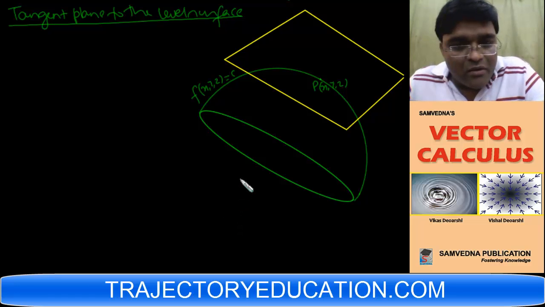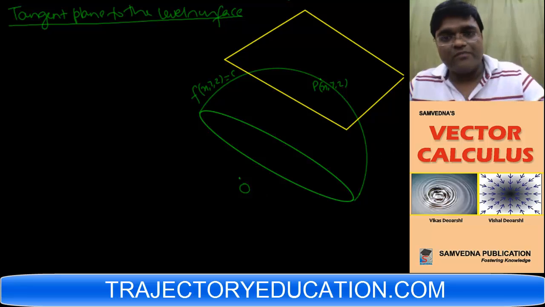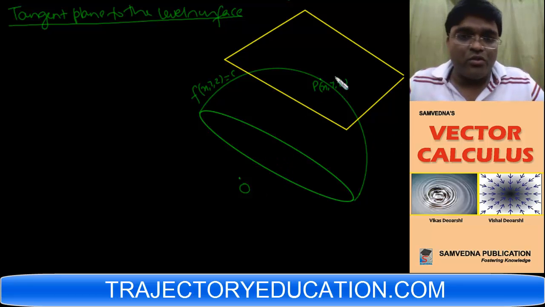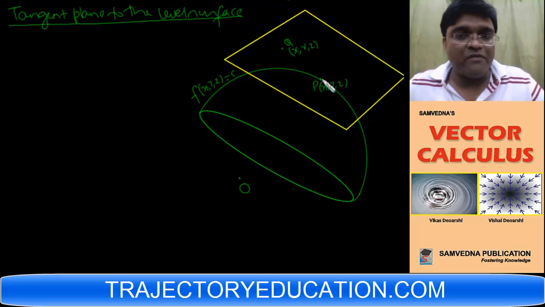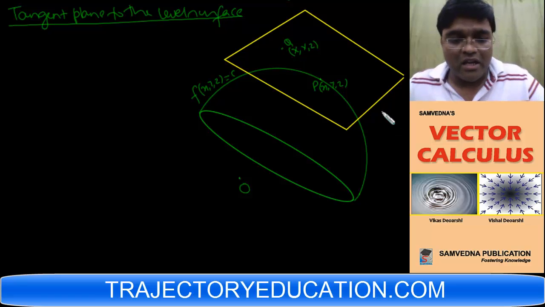Let's say O is the origin. Let's denote this point P by a position vector small r, and let's say we have a general point on the surface, say Q, whose coordinates are capital X, capital Y and capital Z. So I denote the position vector of P by small r vector and the position vector of Q by capital R vector.